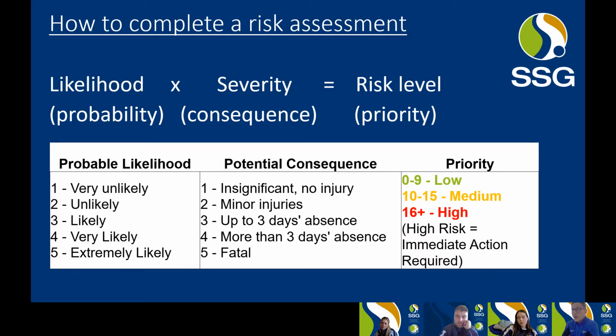If we were to say that somebody is likely to break a bone, for example, then we're looking up and into the 3-4s now. If we were to do that equation, 3 times 3, it's 9. It's right on the verge of low. If we were to push it into the 4, it goes to 12, then we're in the medium.